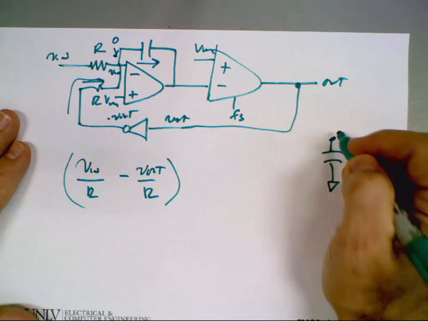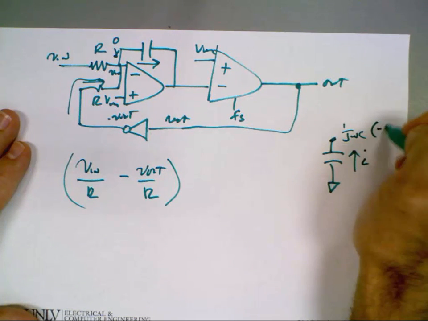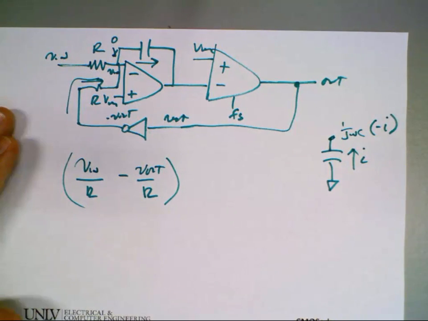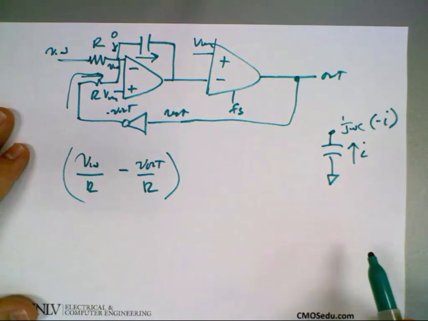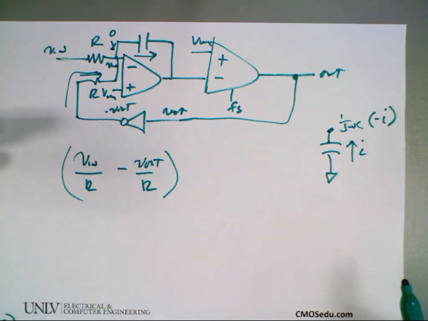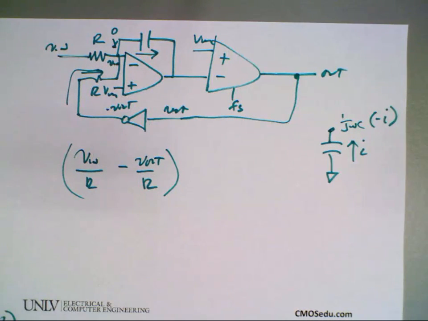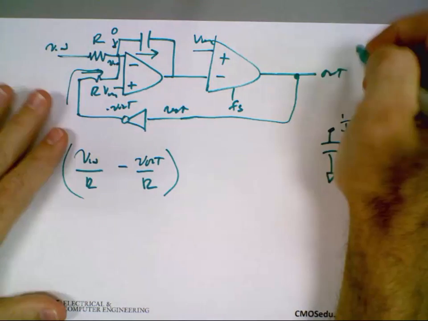So this voltage would be 1 over j omega C times minus I. Does everybody agree? Because it's flowing back. I know everybody that's taken analog from me agrees.